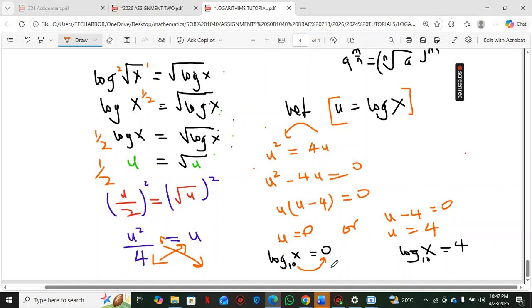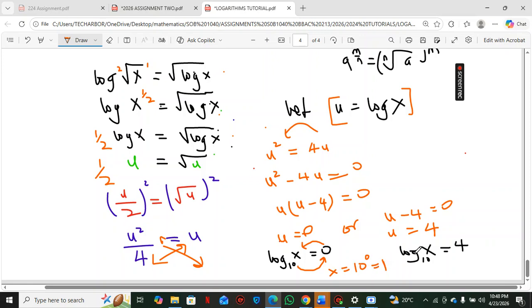So x equals 10 to the power 0, and 10 to the power 0 equals 1. So x equals 1. When you multiply 10 by itself 0 times, you get 1. That's our first solution: x equals 1.